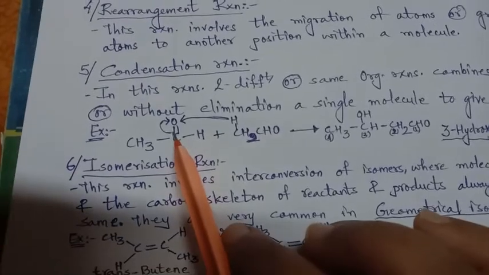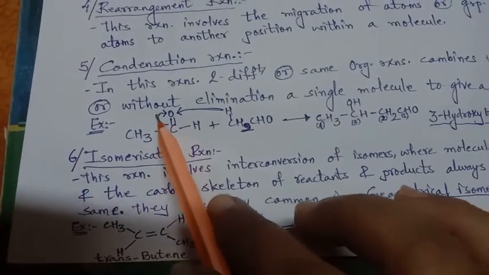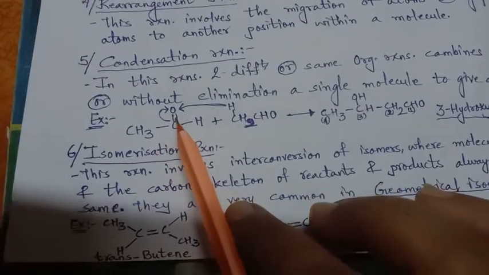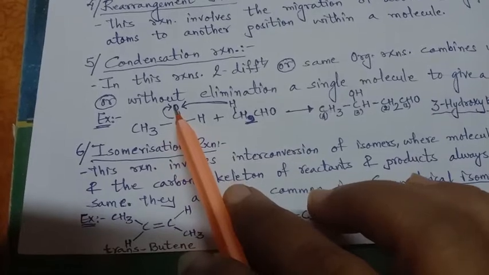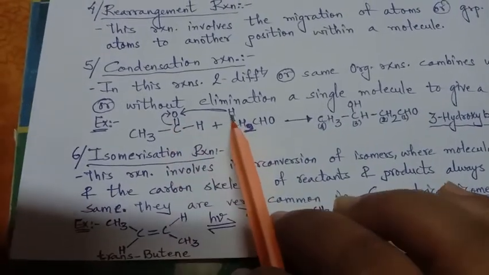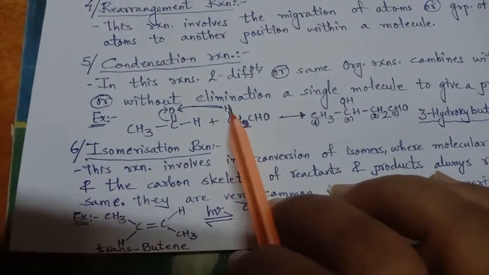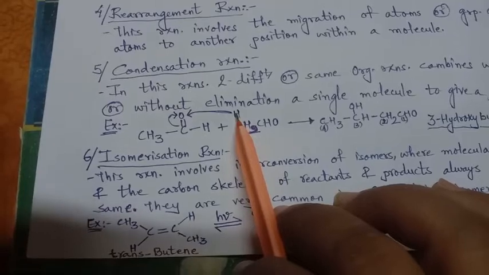Here what happened? These electrons, right? They will go to the oxygen. Oxygen being more electronegative, it will drag both the electrons. As soon as it gets electrons over here, this hydrogen is already not having any electron because it has given it to this carbon. So it is always in need of an electron.